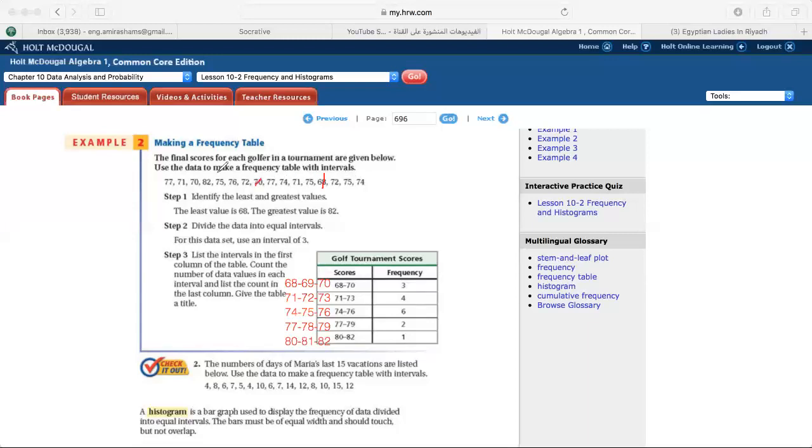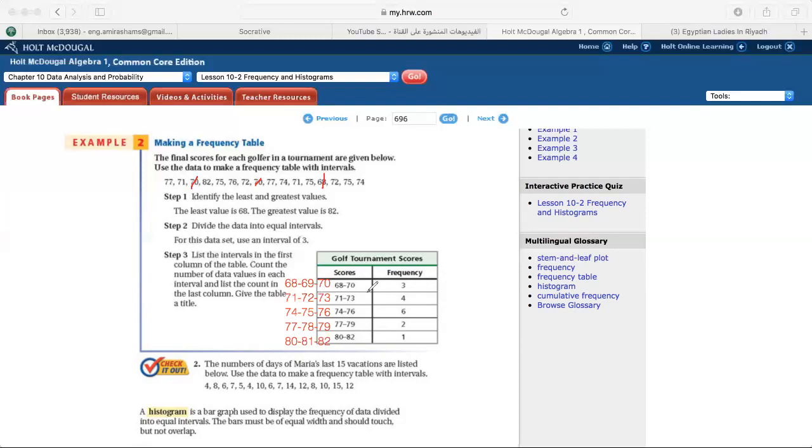I have 68, and I have 70, and I have another 70. I'm talking about scores: score 68, score 69, and score 70. So I don't have score 69, but I have score 68 and I have score 70 repeated two times. So I have 3 scores for this interval.